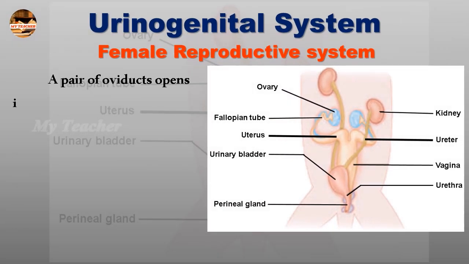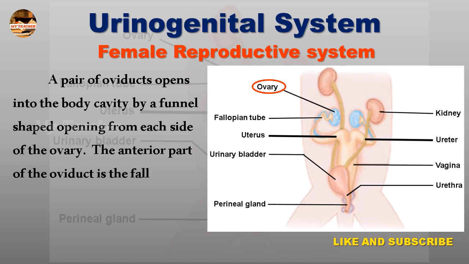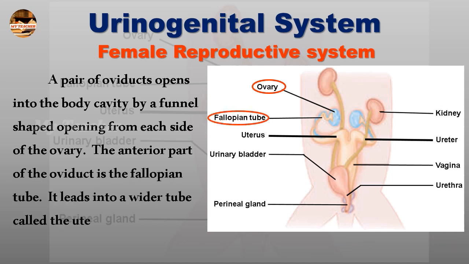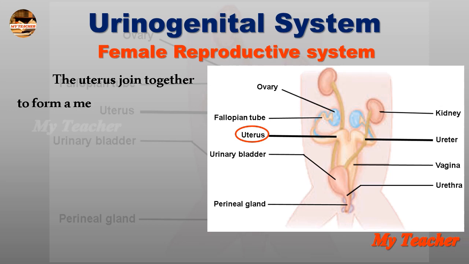A pair of oviducts open into the body cavity by a funnel shaped opening from each side of the ovary. The anterior part of the oviduct is the fallopian tube. It leads into a wider tube called uterus. The uteri join together to form a median tube called vagina.